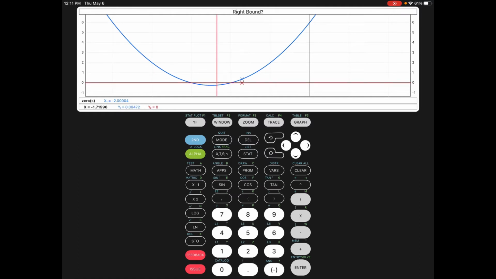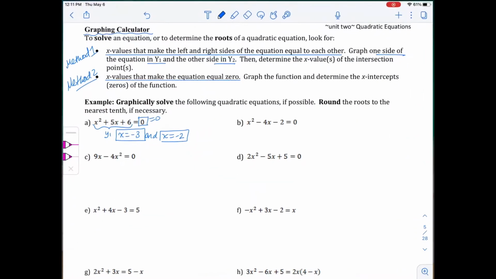Go to the right boundary, and there's their intersection right there at negative 2, 0. You can see at the bottom of the screen it says P1 is negative 2, 0. Again, I can do the same thing with the leftmost intersection, enter on the left, enter on the right, and you can see the intersection point says negative 3, 0. Okay, so that's another method to do these types of questions.